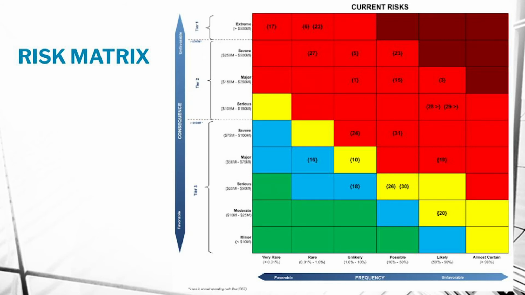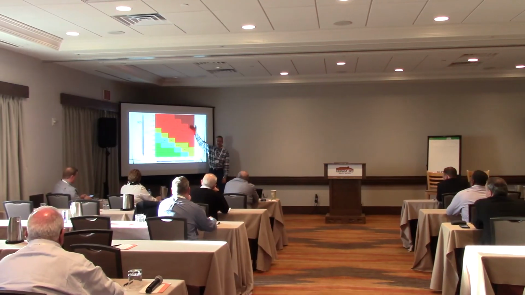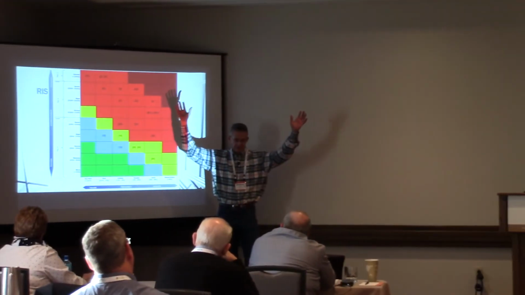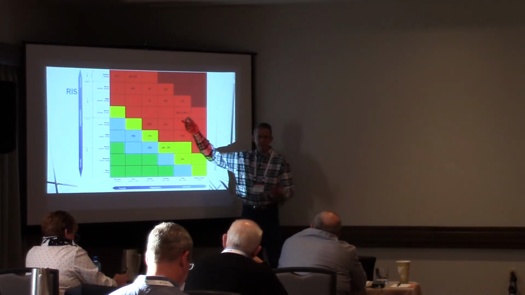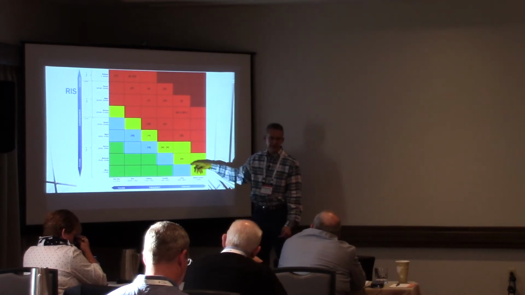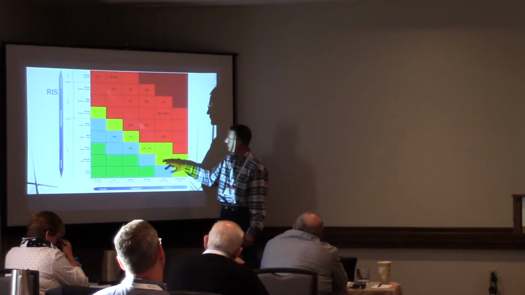I just want to summarize and say each one of these represents one of the scenario fits. So I have 15 scenarios that are in red. None are in the uber red, which means, oh my gosh, the sky is falling. Unless we fix it, the business is dead. Here we have about 3 weeks before the business is dead. These are things, the yellow we can manage. We've got 4 of them.